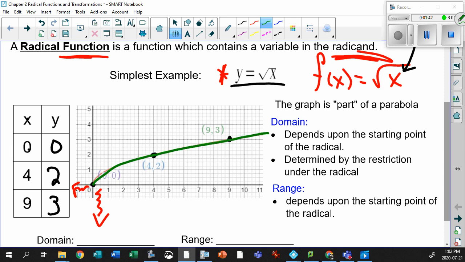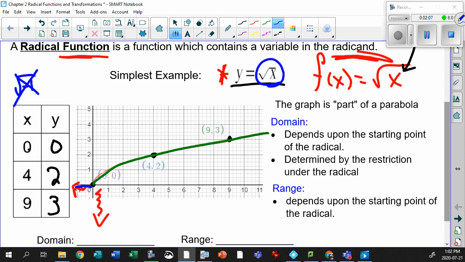Now, the question is why? Well, remember how I said it depends on what's underneath this radical sign. Think of the restrictions on this. We cannot take a square root of a negative number. I can't take a square root of negative 1. There's no such thing.